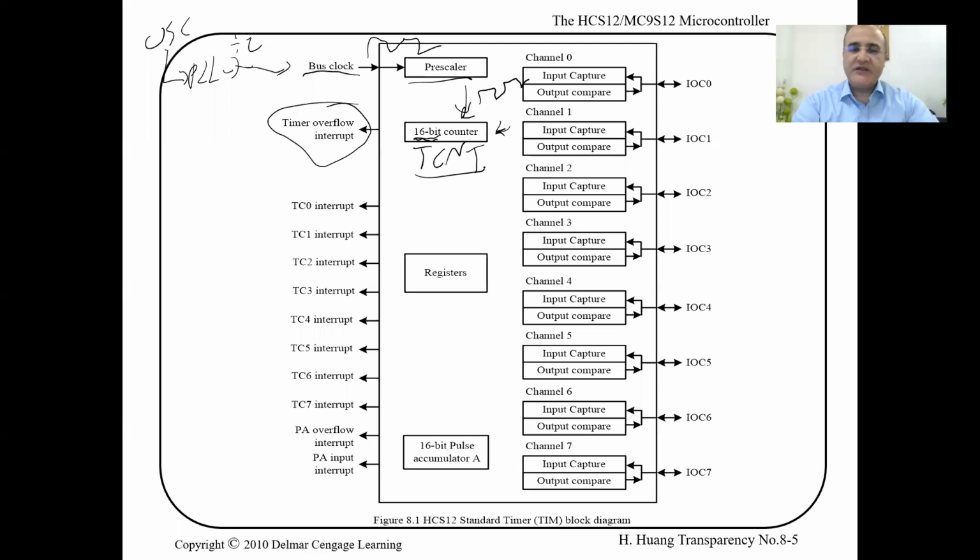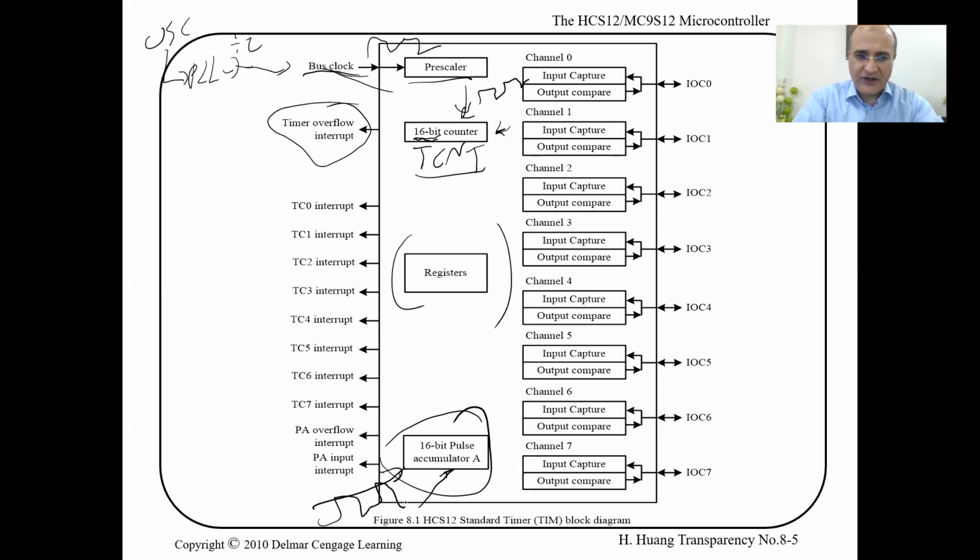Okay, so this is the 16-bit TCNT counter or timer. We have many control registers here to control the operation. We have a pulse accumulator. This is a counter that has its own clock, which is not the same as the bus clock.